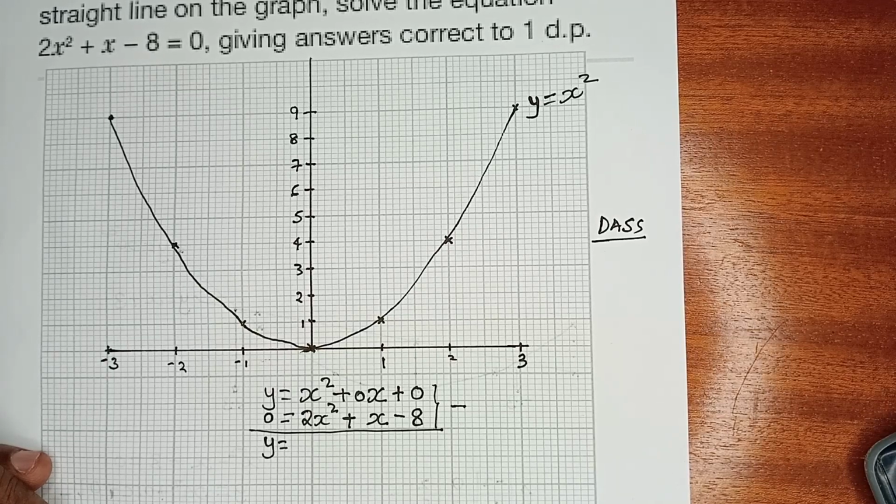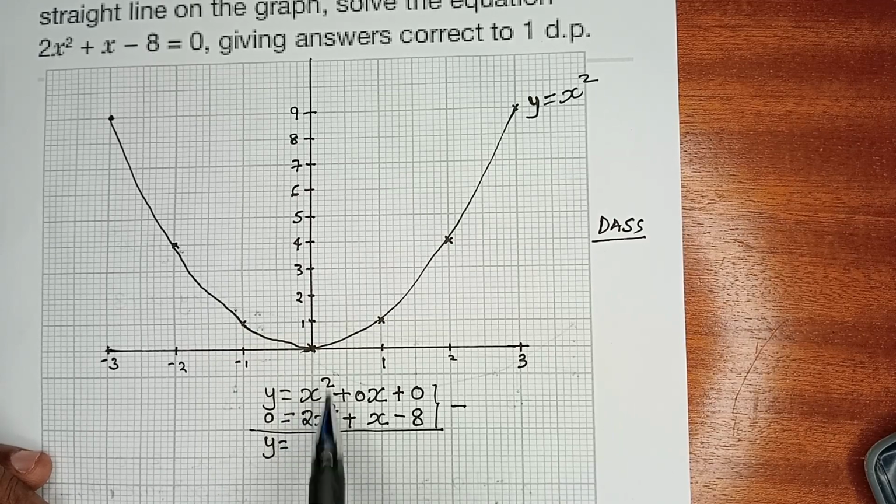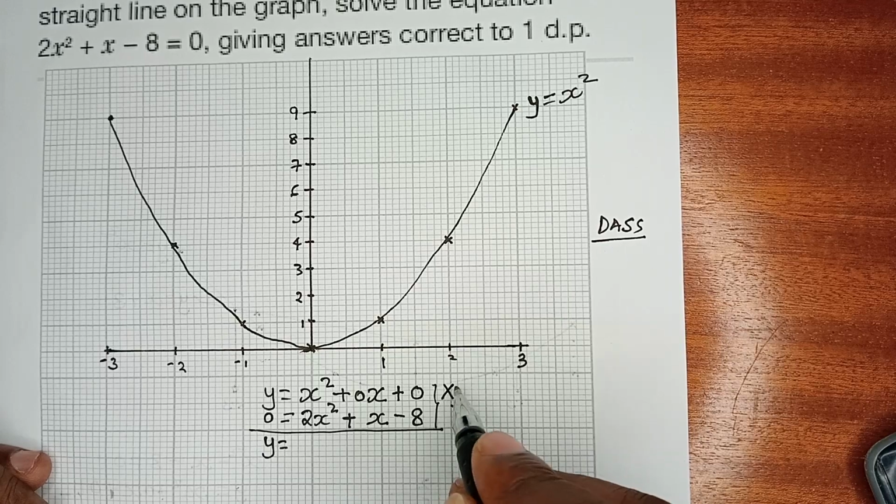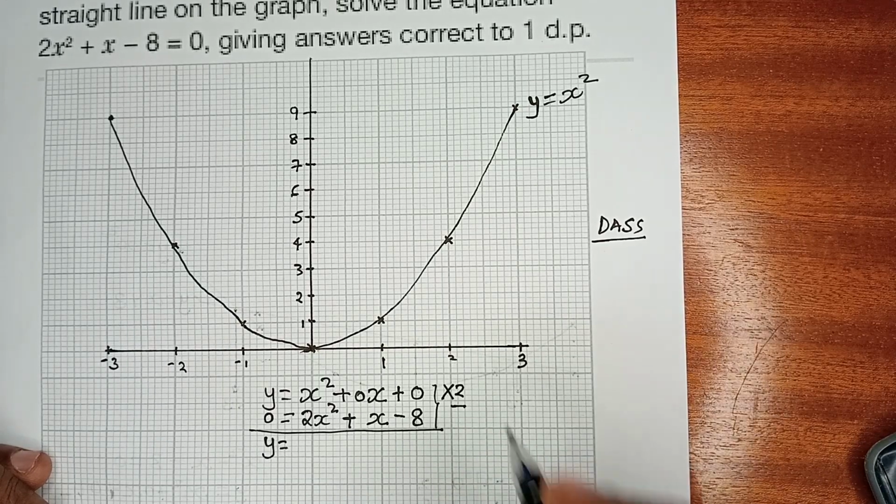The step that we have forgotten, because our objective is to eliminate x squared, is to balance the coefficient of x squared. And how do we go about this? This is 2x squared. We must by all means make this 2x squared. So we should multiply equation 1 by 2 throughout.